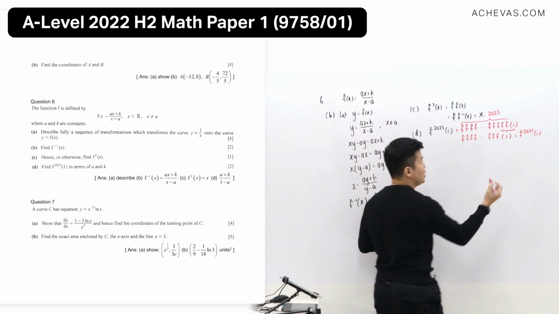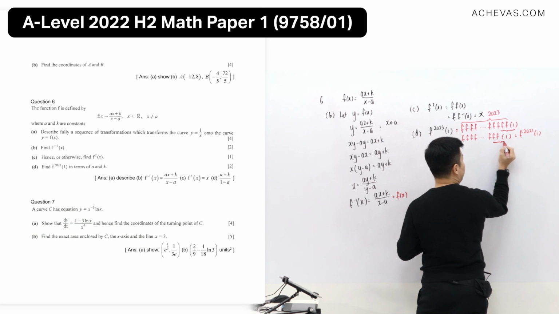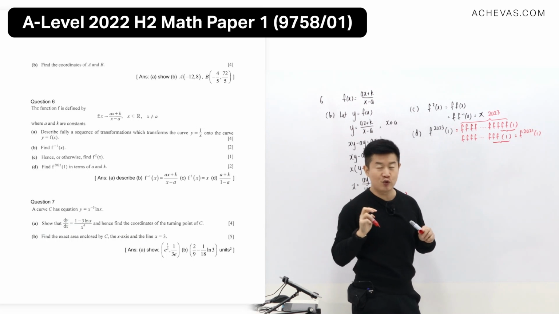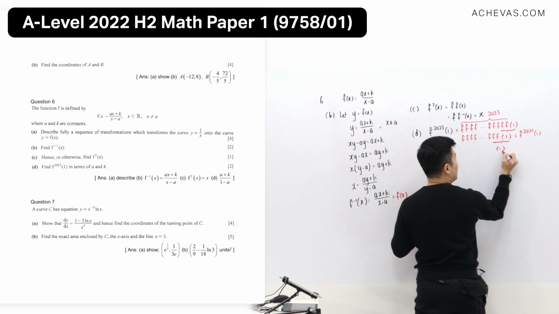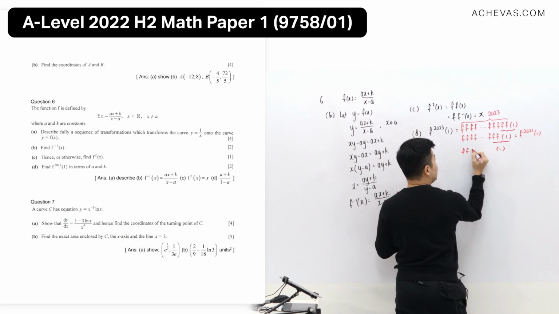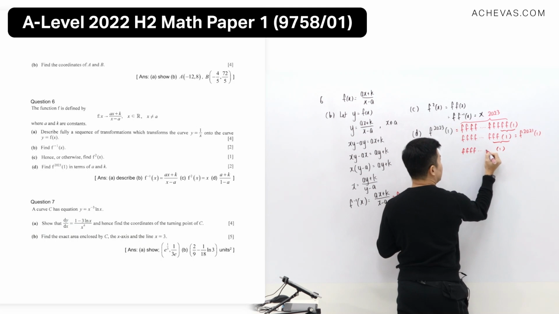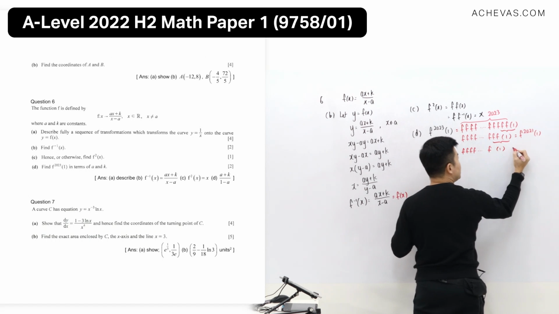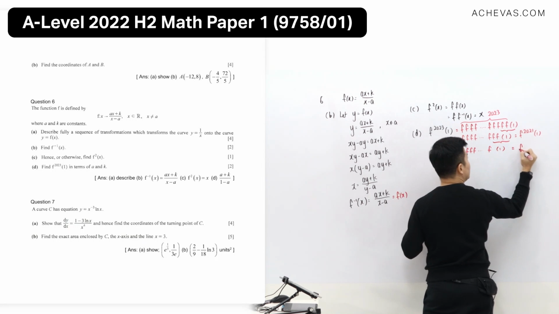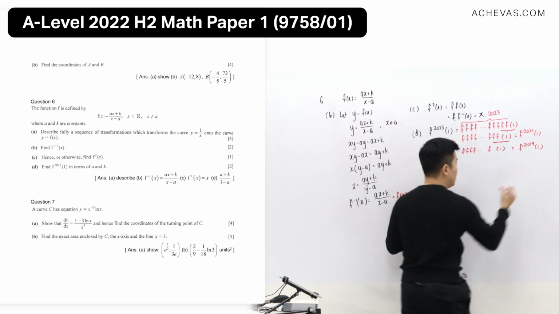And if I were to just continue in the same way of removing the two f's based on part C, this will become 1. So I'm going to be left with f^2019 of 1.